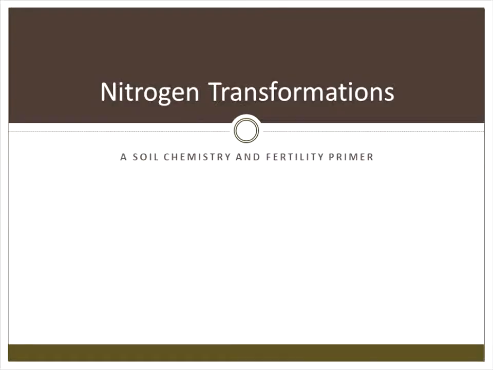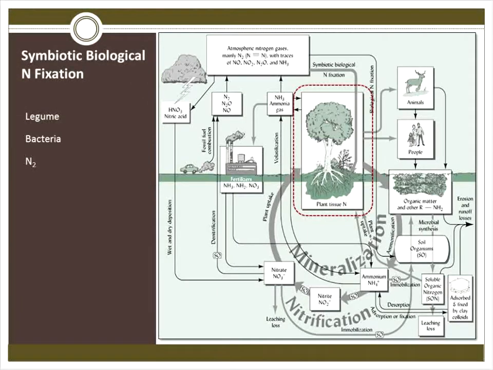So let's talk about nitrogen transformation. This is where nitrogen gets really tricky and really difficult to determine how much nitrogen is in the system. Dr. Krause talked about symbiotic nitrogen fixation. And some plants, regular plants, use either the ammonium or the nitrate for their nitrogen source. But again, leguminous crops that have associated bacteria on the root system can utilize this inert form of nitrogen, the N2.